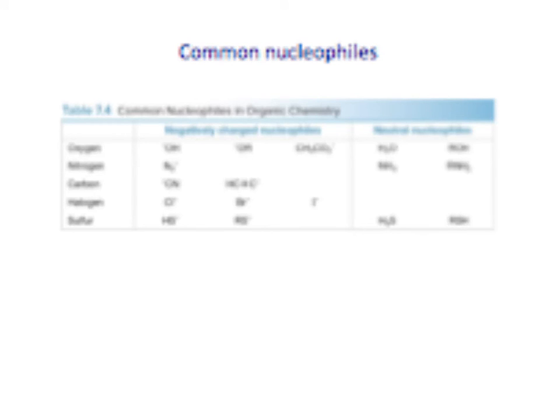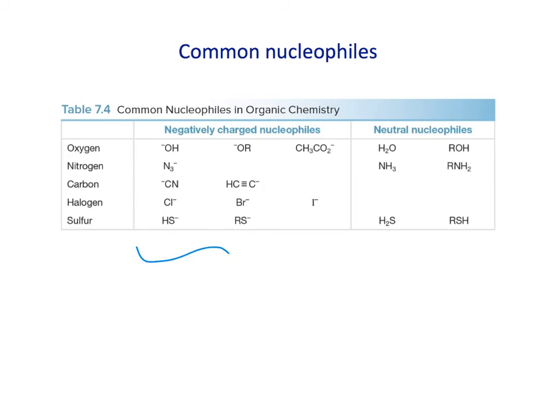This slide shows some common nucleophiles. As we see on one side here, we have the negatively charged nucleophiles. Remember, negatively charged nucleophiles are generally stronger than the neutral nucleophiles. And we know especially that negatively charged nucleophiles are stronger than their conjugate acid.